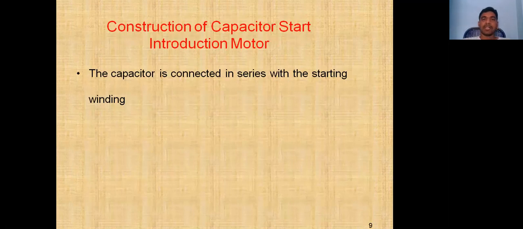Coming to the construction of the capacitor start induction motor. The capacitor is connected in series with the starting winding.